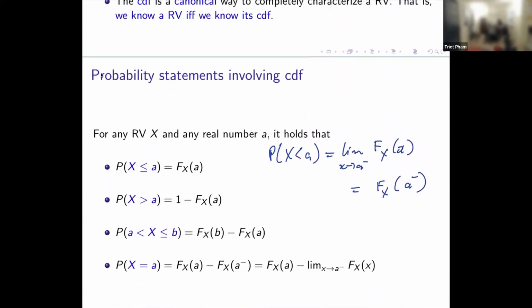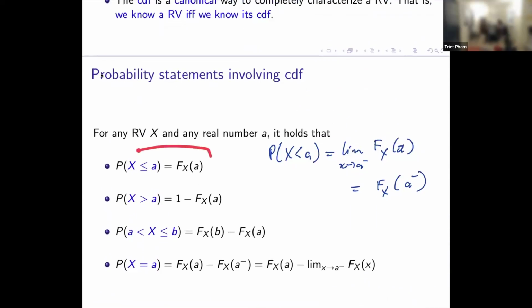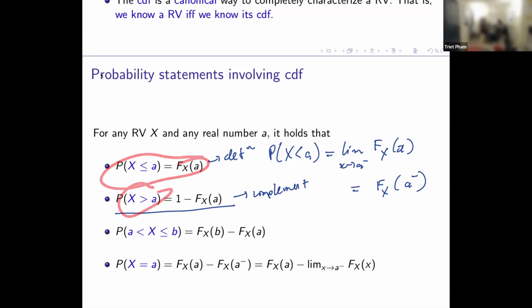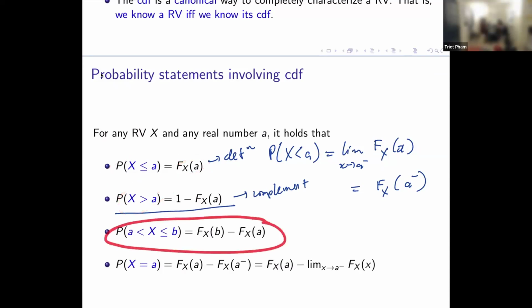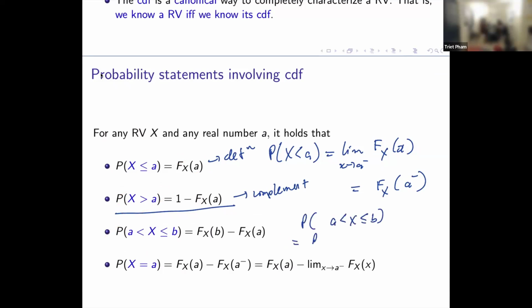All right, so this is the definition of the CDF, right? This is the complement. What about this? Well, this you can see: probability A less than X less than or equal to B is probability X less than or equal to B minus probability X less than or equal to A. Agree?